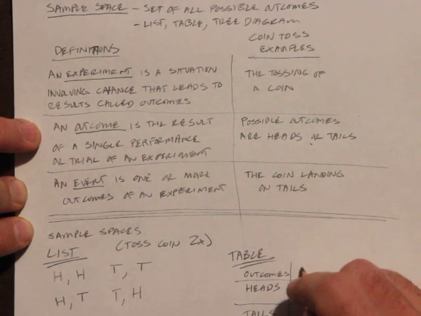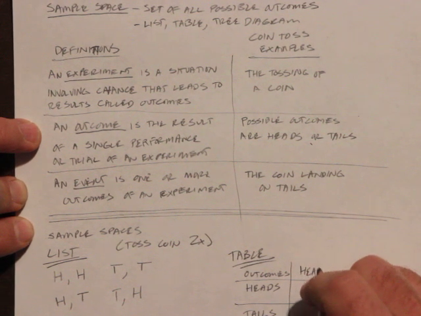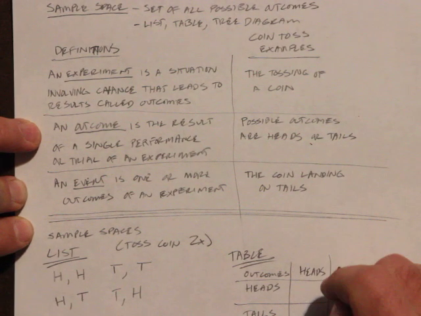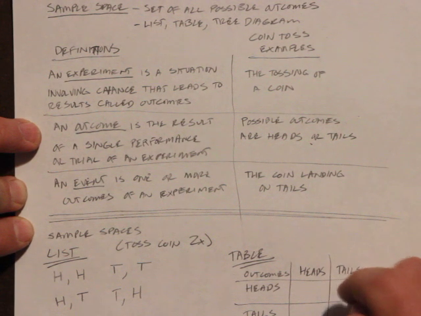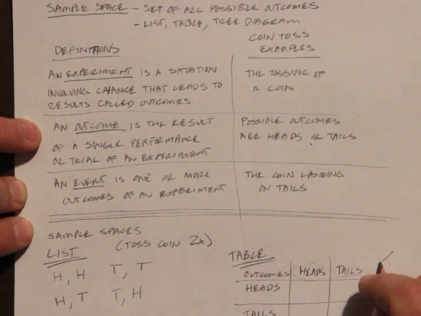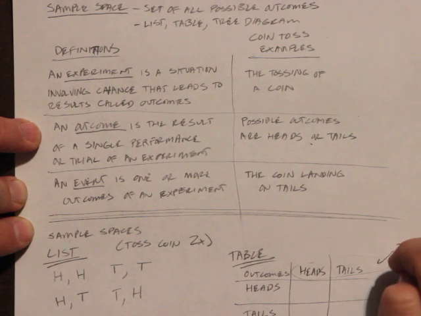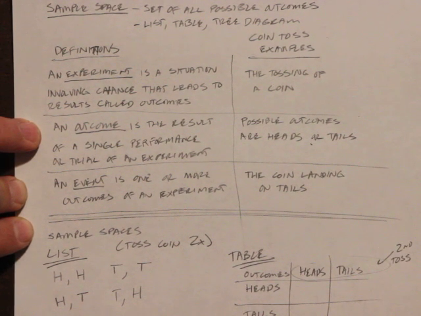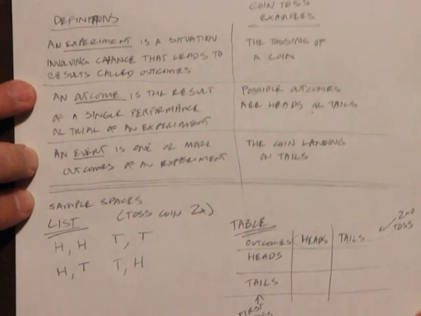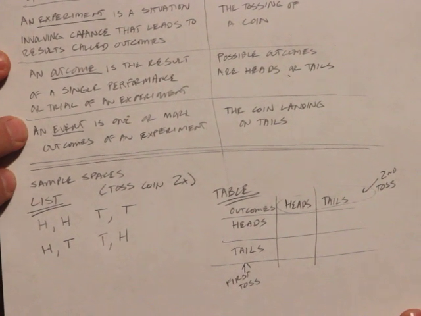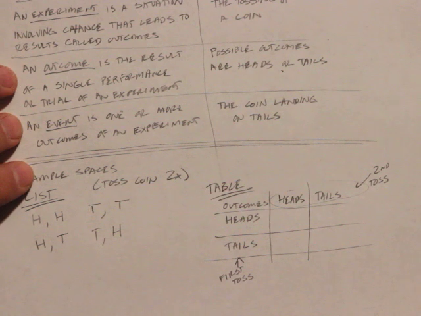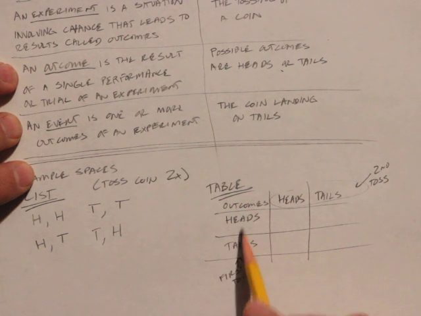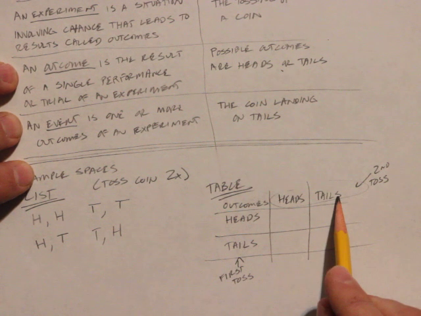And then for the second toss, we can also have heads or tails. So this is the second toss. All right, let's pull that down and over a little bit. There you go. So here are the outcomes. First toss, heads or tails. Second toss, heads or tails.